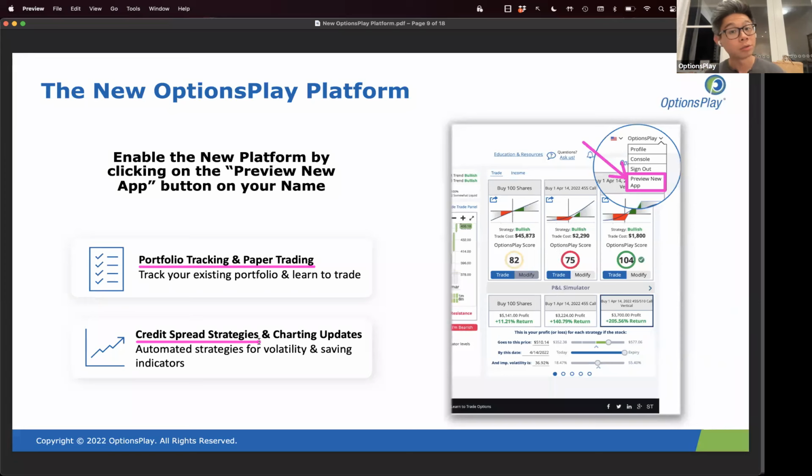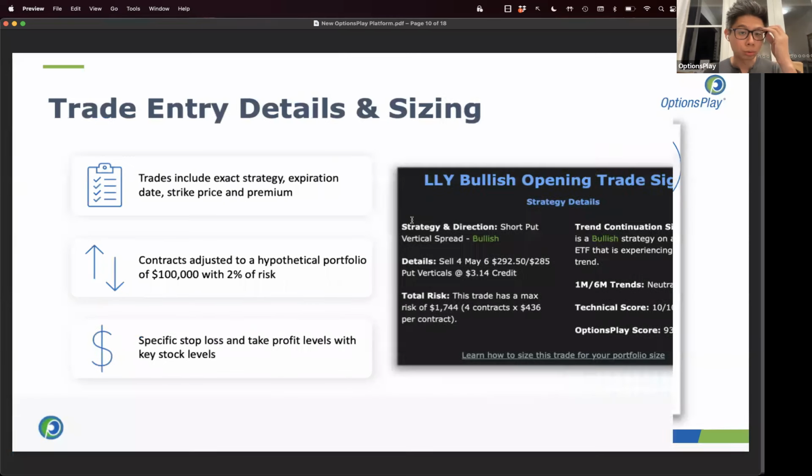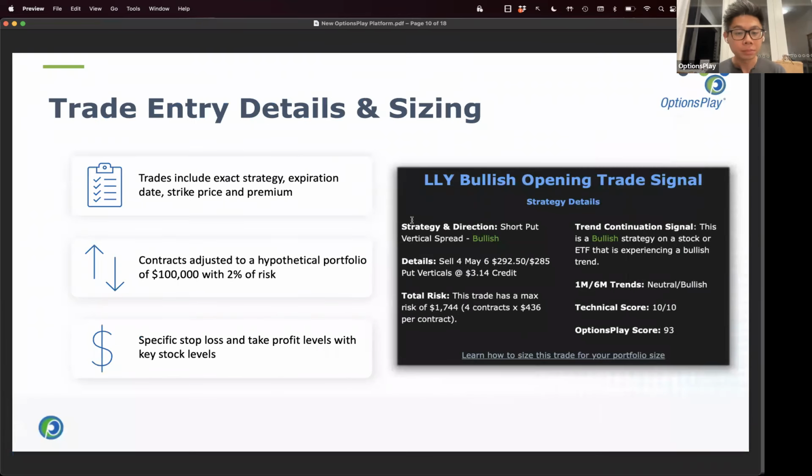We've now introduced a new feature that automatically finds or sets up the bullish and bearish credit spread on any stock or ETF that you're viewing. We've also introduced a new charting package where you can save your indicators and drawing tools, all of those things, including full screen view of your charts within OptionsPlay. That's all available through the new OptionsPlay platform.